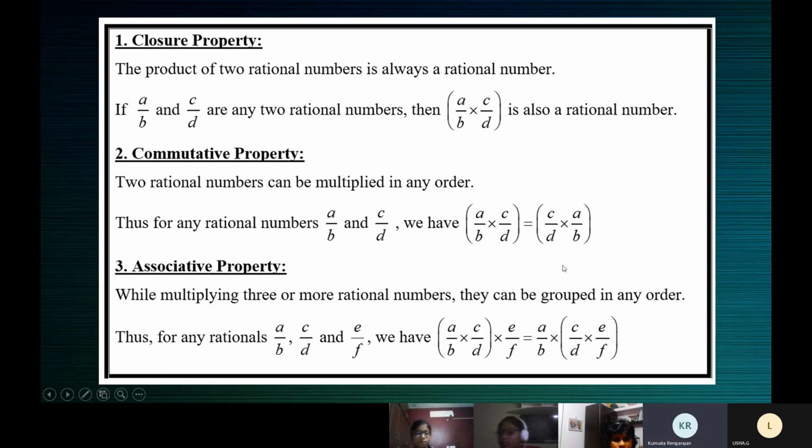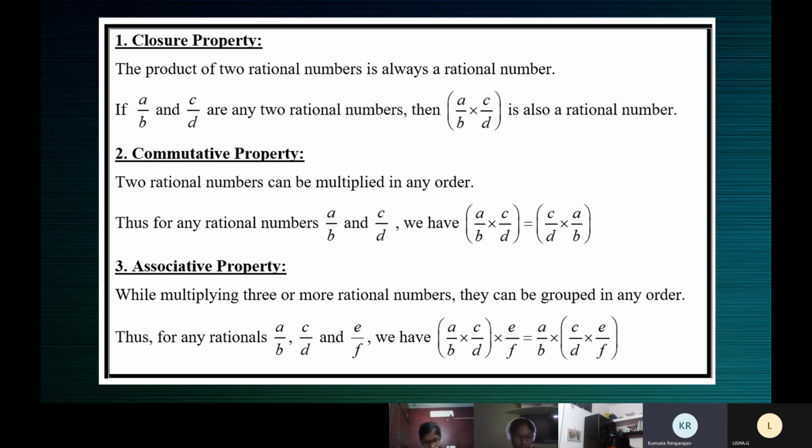Take a screenshot, children, so you all know the closure property. When you take two rational numbers and multiply them, their product is also a rational number.